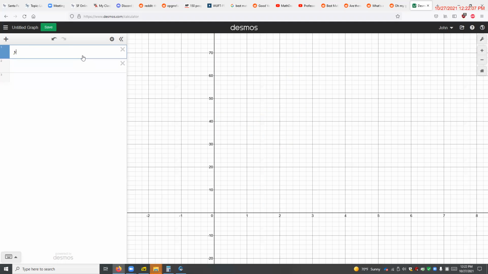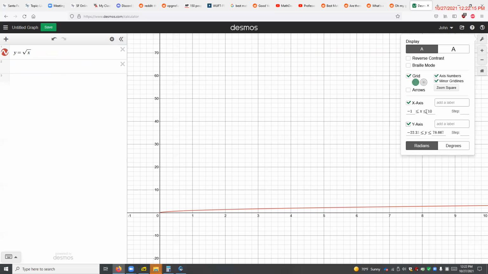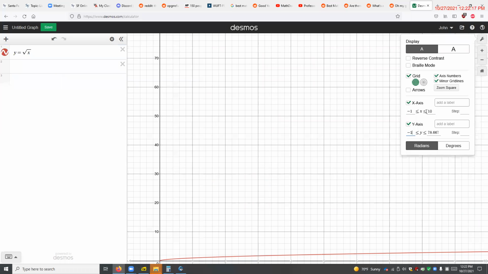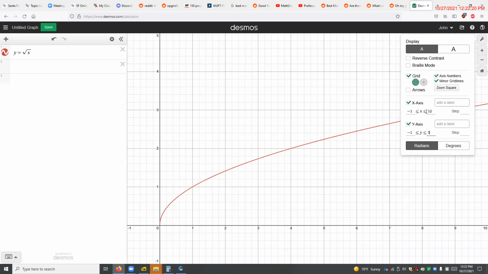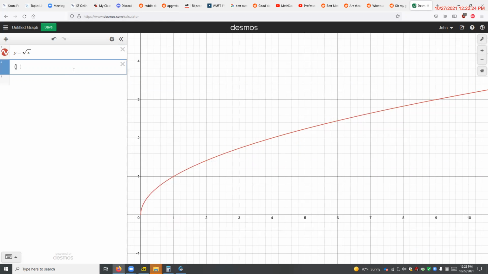So if I look at the graph y equals square root x, let me change my settings here. There we go. And I can look at an arbitrary point along this. Let me insert a slider.